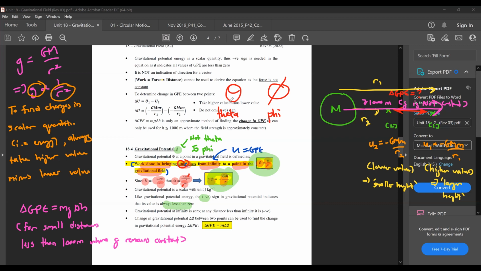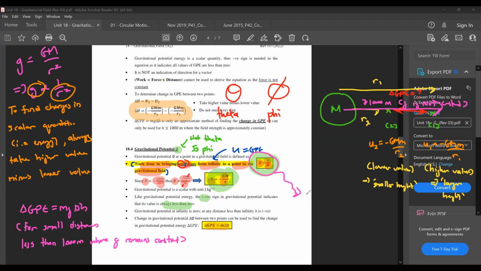Then the last thing I should probably mention to you is this. Now, in addition to finding change in gravitational potential energy between 2 points, we can use this equation. There's also another simpler equation we can use, which is this one, where we say that change in GPE between 2 points is actually the mass times the change in potential. It actually came from this, where we say that this equation here, phi is U over m, right?